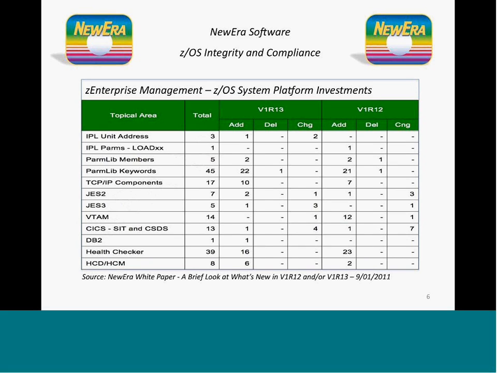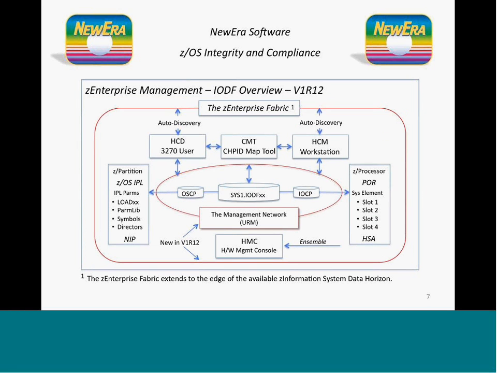As you see from this chart, the changes that have been made in V1R12 and V1R13 focus primarily on PARMLIB members, as you would suspect, but also on a new tool that was introduced in V1R4 called the IBM Health Checker for z/OS. We're going to speak a lot about configuration changes.